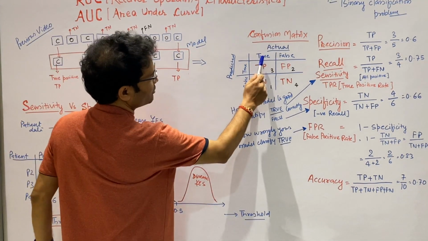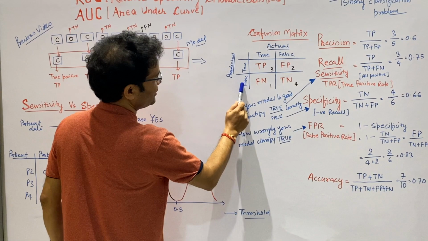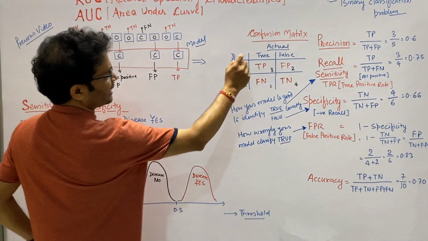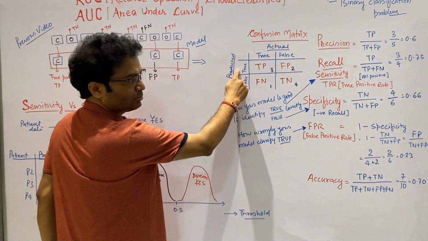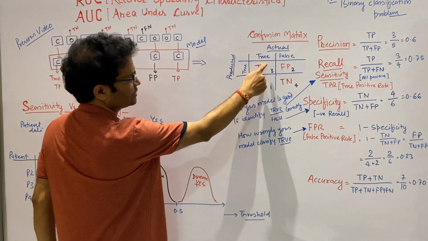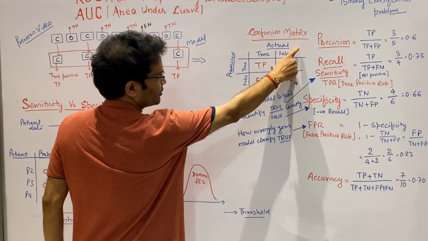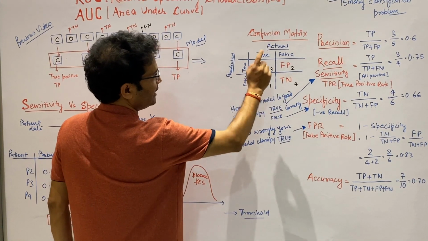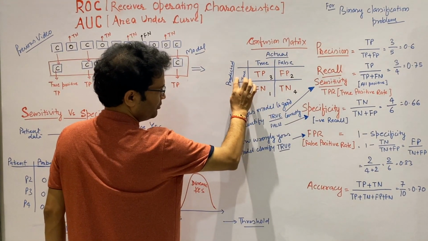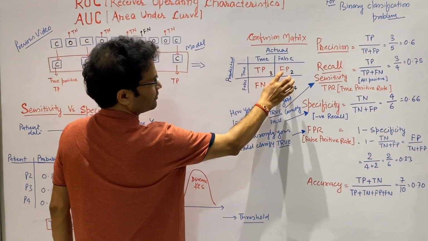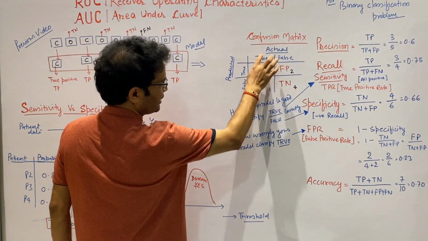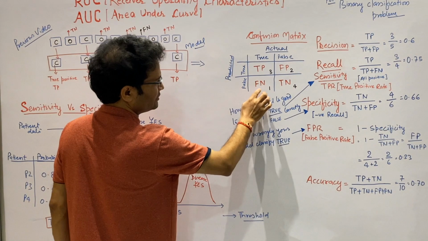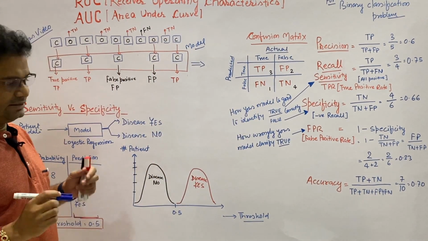If actual is true and the model also says true, this is called true positive. If actual is false and the model says false, this is true negative. If actual is false but the prediction says true, this is false positive. And if actual is true and the model says false, this is called false negative.